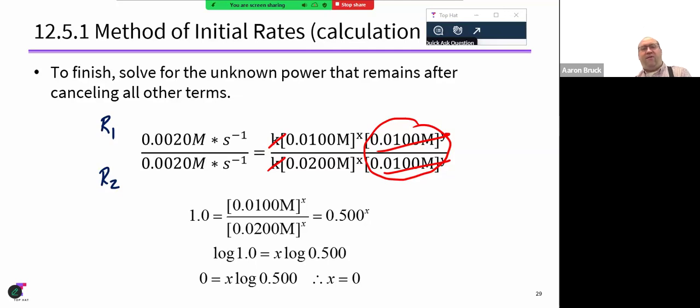All that we have left is the ratio of rates, which, again, my units now cancel. So all I've got left is just 0.002 divided by 0.002. That's how we get 1.